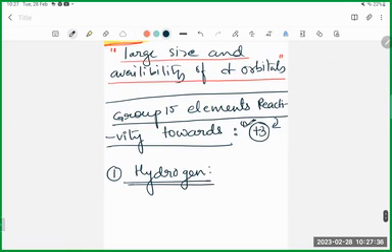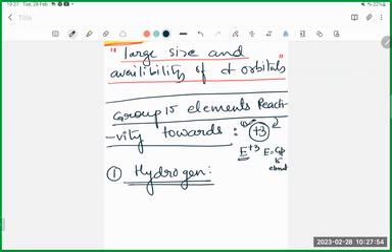We will take this oxidation state in general. So the oxidation state of the element here is +3. What is the E for? E for group 15 elements, I meant to say.